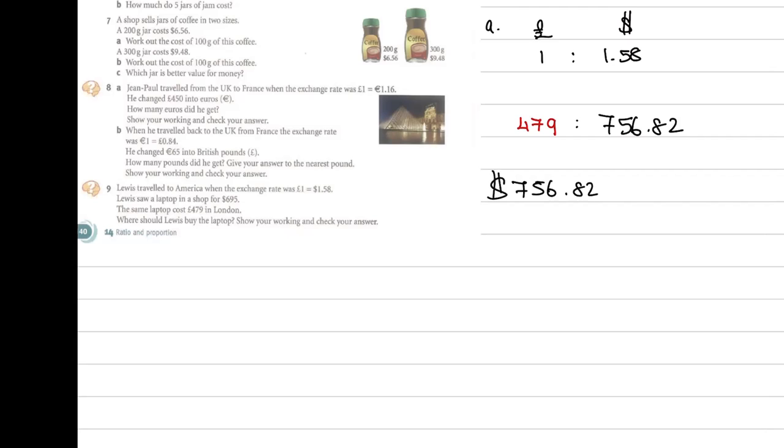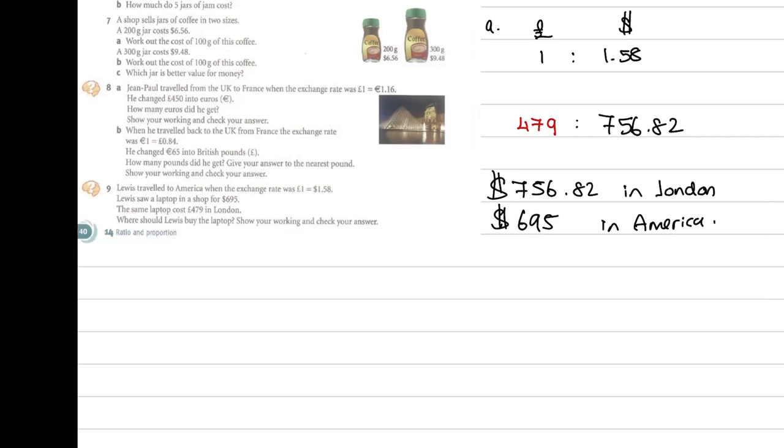So it is $756.82 in London. So which one should he buy? $695 in America.